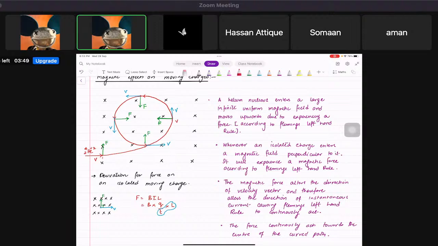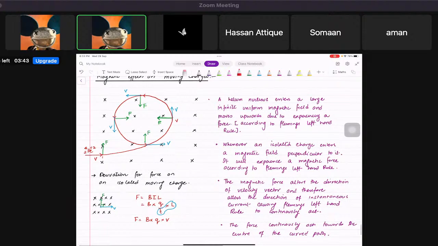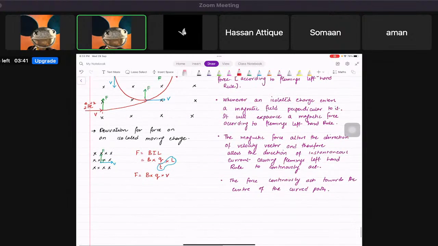Which means the force will be equal to B times Q times V, and that's the formula we're looking for. So BIL is for the whole current moving in a single wire, and BQV is for a single isolated charge. So this is the magnetic force.